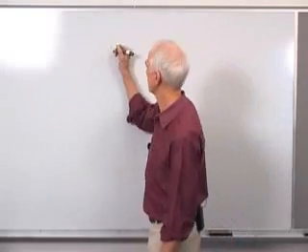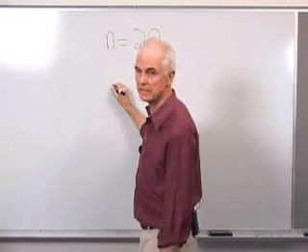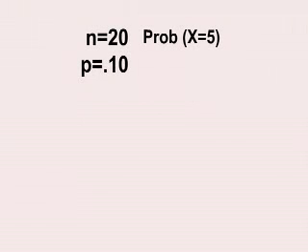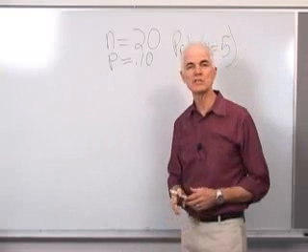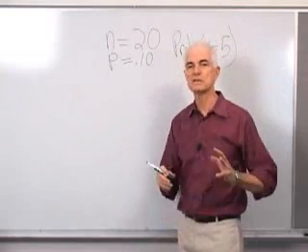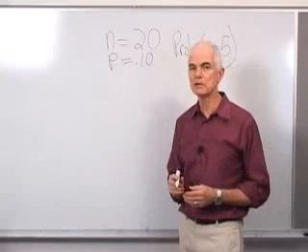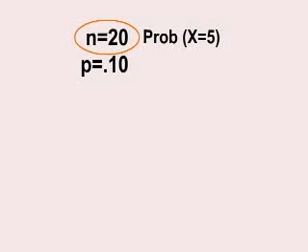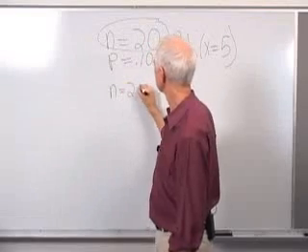So let's go back to our last manufacturing parts problem where we had n equal 20 and p equal 0.10, and we wanted to know the probability that x equals 5. Well, we have associated with this course a whole set of binomial tables. How do we go about using them? The first thing we do in the binomial tables is we look up the value of n. So we would go to the tables where n equals 20.